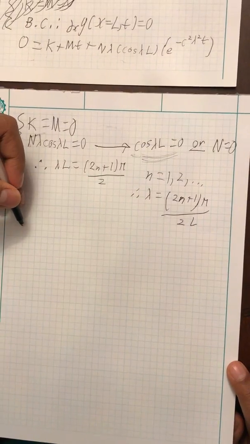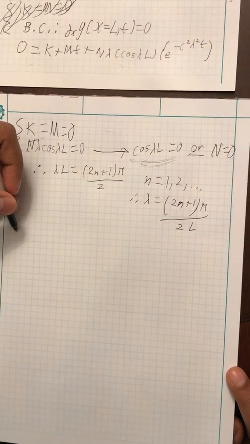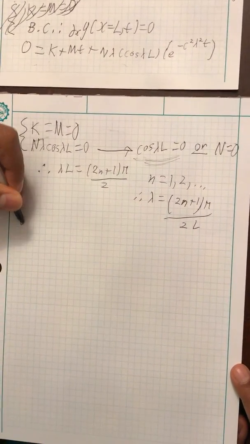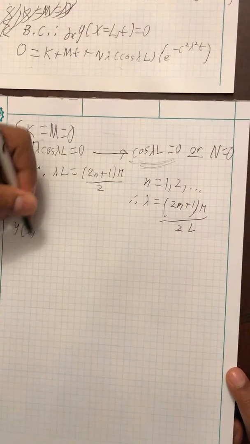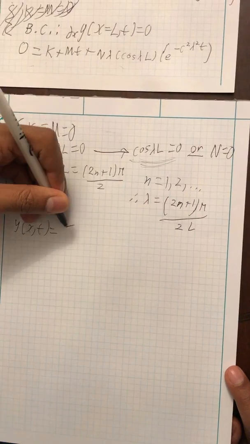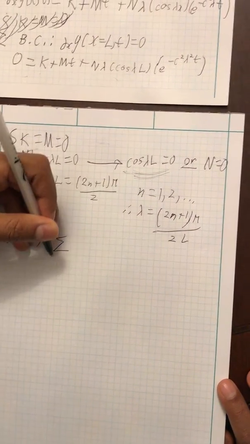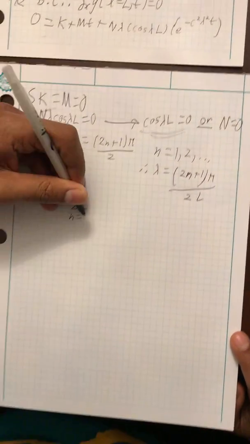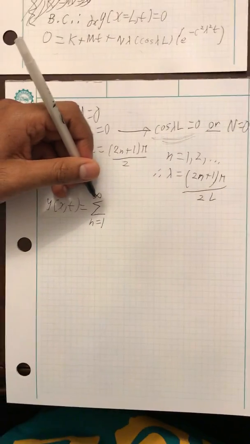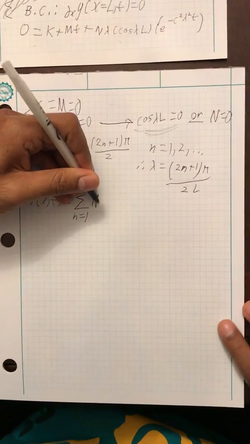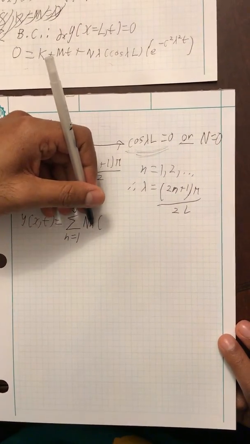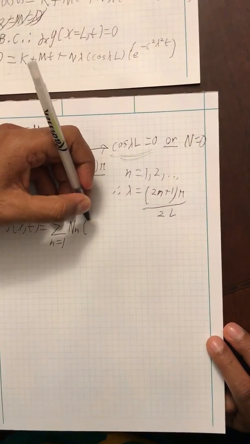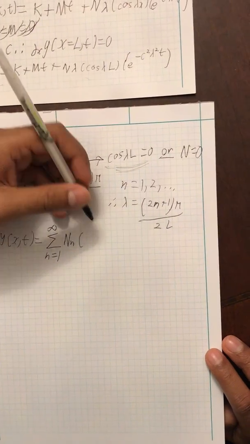And then next, we can write this out. First of all, I'm going to write it out in this format. y(x,t) is the sum from n equals 1 to infinity of b_n, not n to the power of n, simply b_n, pretty much denoting which n.